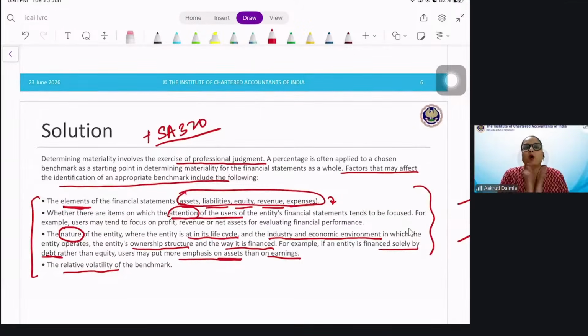Okay. What factors? Which elements are there? In elements, which are the areas where the attention of the users is there? And then what kind of entity is there? What is the nature? And whether volatility is there or not. Okay. Volatility meaning, ma'am? Okay, Gayatri is asking about volatility. Instability or stability means movement.